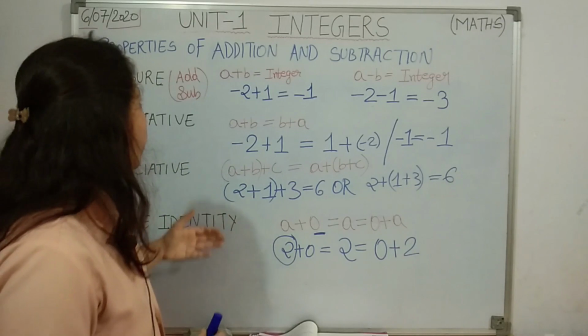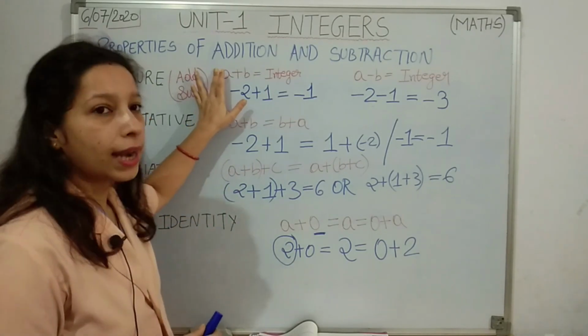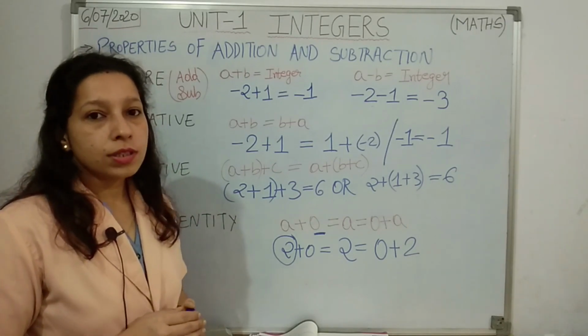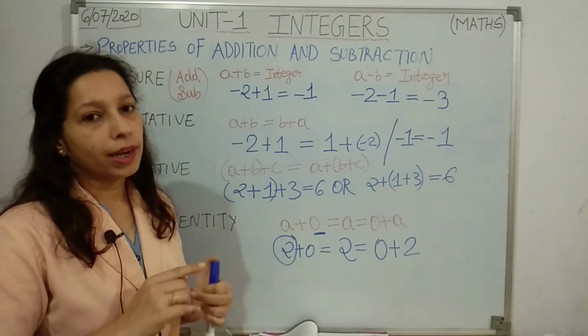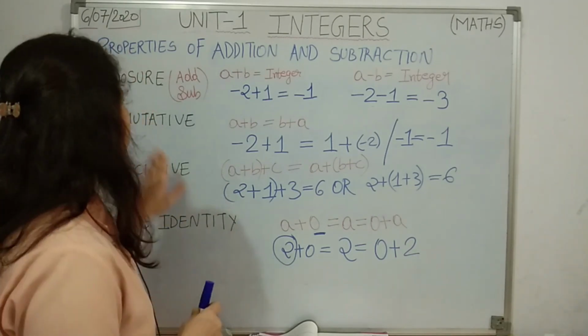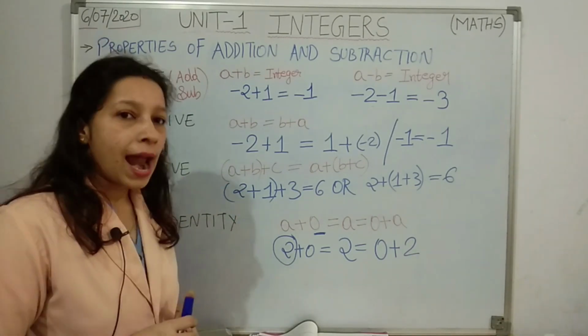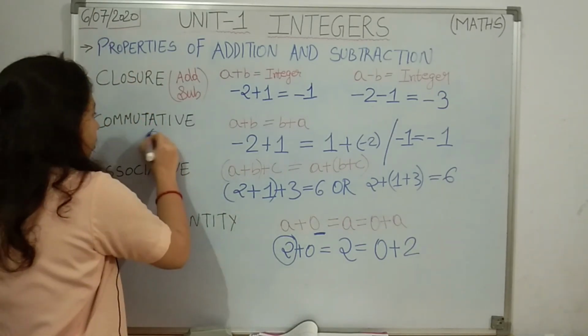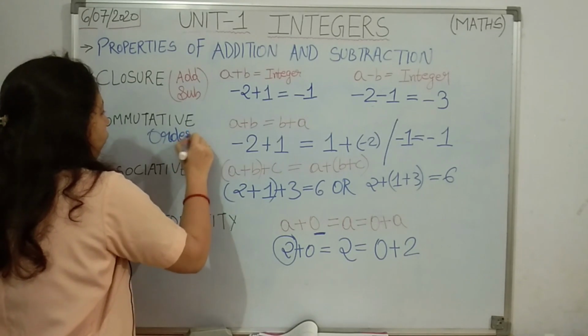So these are the properties which we are using for addition and subtraction. Closure property. Integers are closed under addition and subtraction both. Whenever you add or subtract two integers, the result will again be an integer. Then for commutative property, you can add integers in any order. So commutativity property is for ordering of integers.